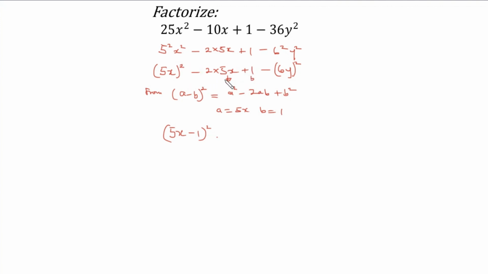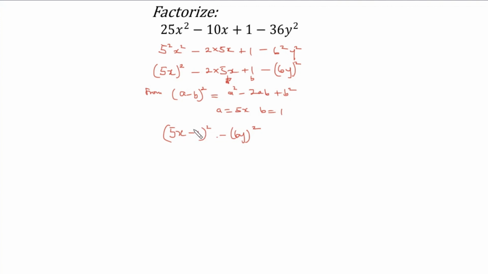We factorize this side, so we have minus 6y squared, squared outside. So here we're going to write again.